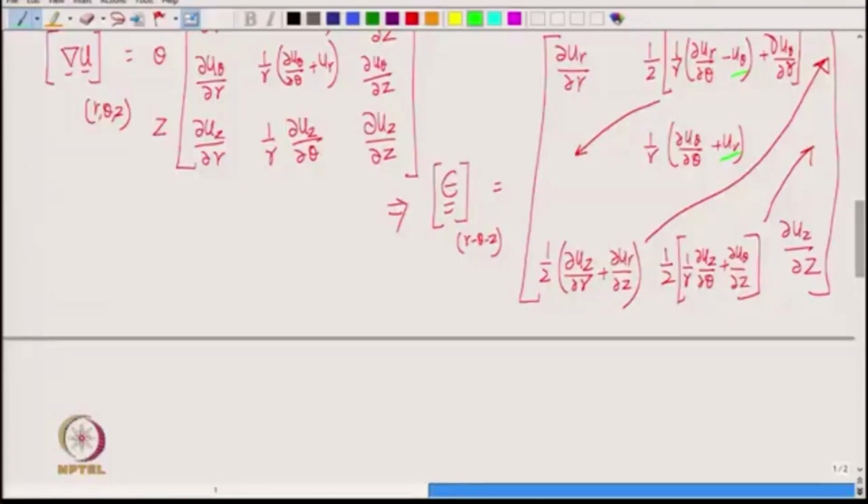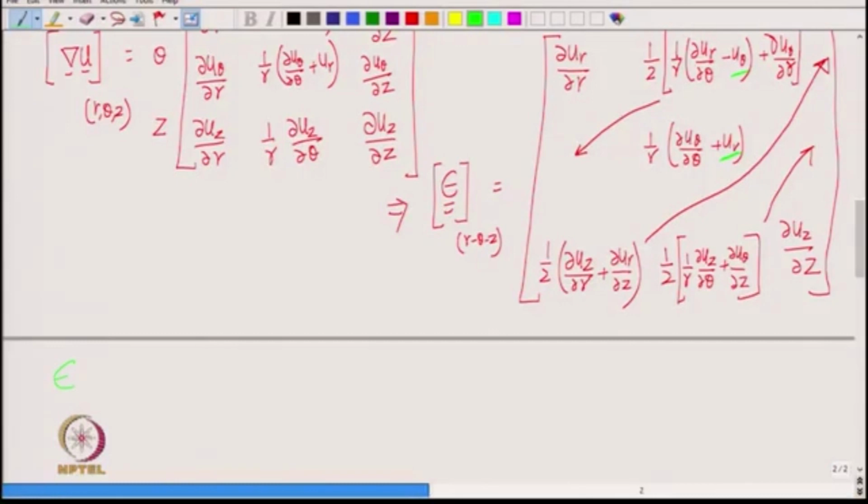So, epsilon r r for example, so the one in the radial direction, it is simply epsilon tensor into E r dot with E r. So, that is a longitudinal strain in the radial direction, okay. And that is del u r by del r, and we call it radial longitudinal strain or simply radial strain.